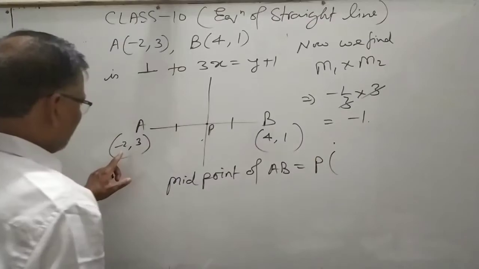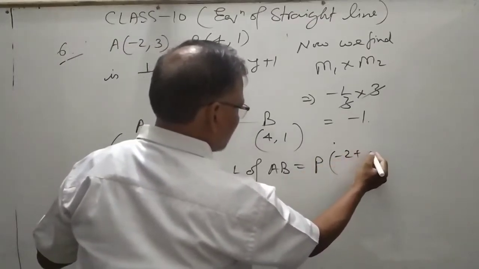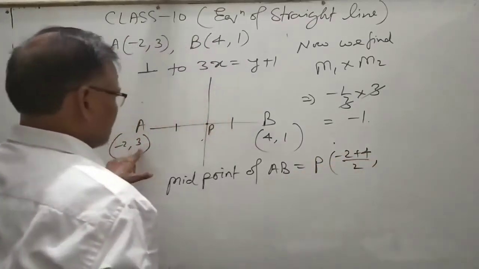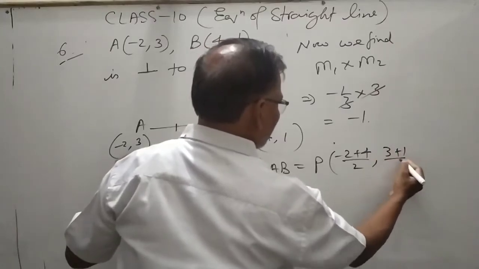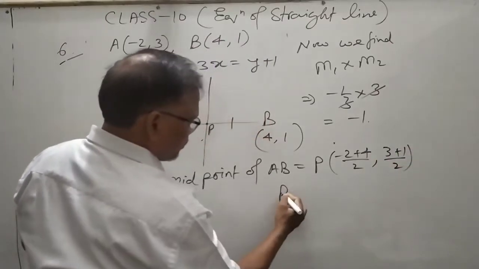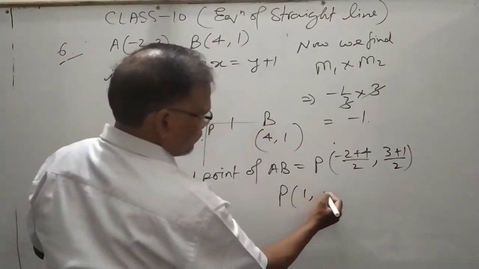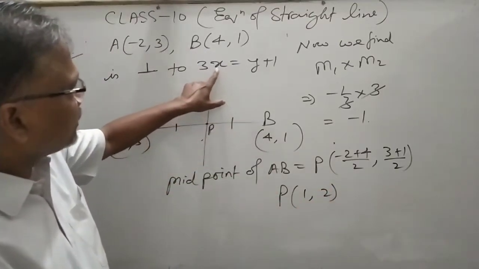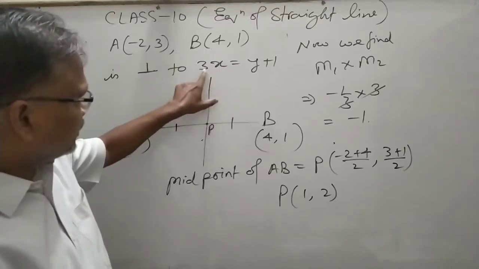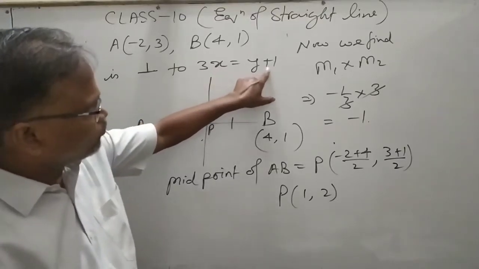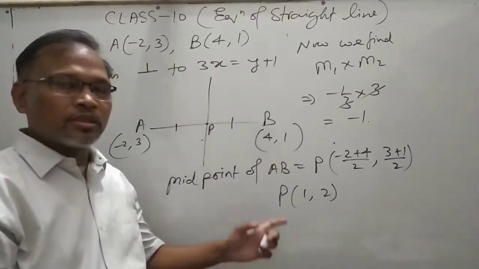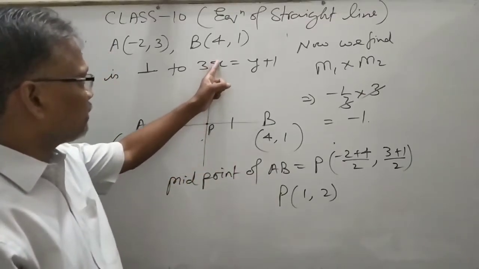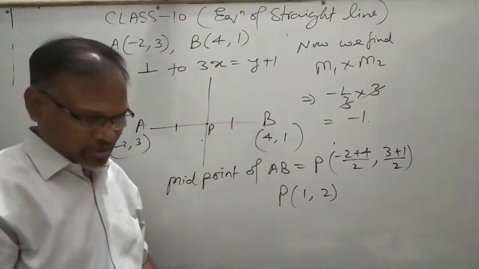So this is (minus 2 plus 4) by 2 comma (3 plus 1) by 2. So it will be 1 comma 2. Now put the value of 1 comma 2 here. So x is equal to 1, 3x is 3. y is equal to 2, 2 plus 1, that is 3. It means this line bisects the line AB. Yes.